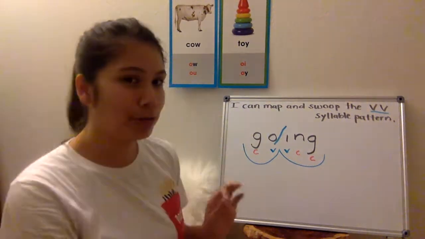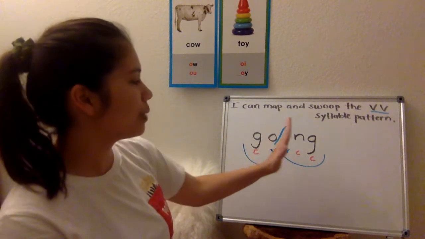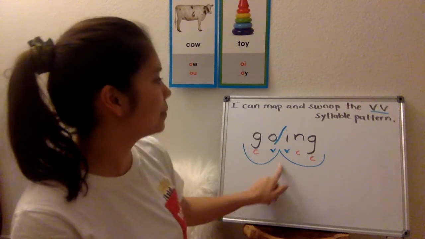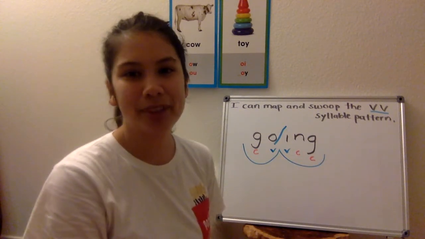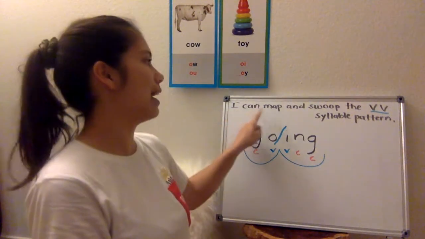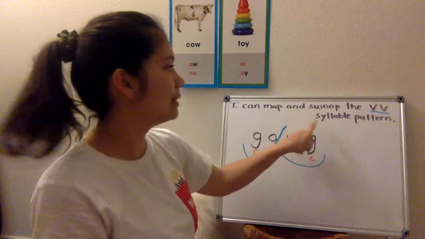So we want to be careful and try it that way first. But in this case, because they each made their own sound, I split my word between them and I mapped my syllables between both of those vowel sounds. So our objective here that we just met was I can map and swoop the VV vowel-vowel syllable pattern.